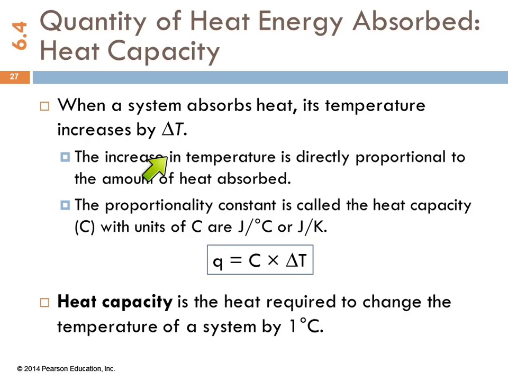And here we're talking about a change in temperature. So whether you measure it in Celsius or Kelvin, the change is the same. So Q, the heat, is equal to the heat capacity times the change in temperature. Heat capacity is defined as the heat required to change the temperature of a system by 1 degree Celsius.